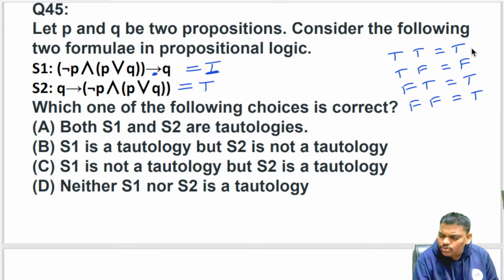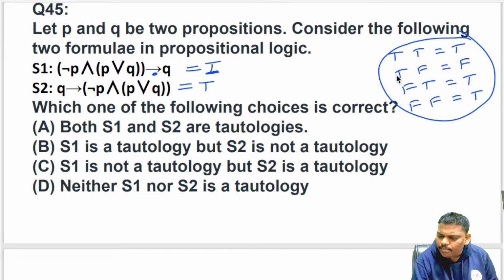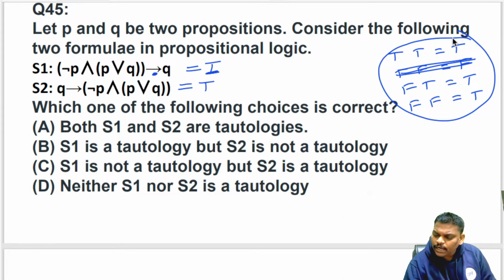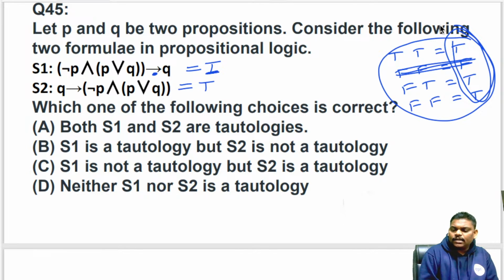To get a tautology, the true-false combination must not arrive. That means the TF combination we have to avoid.